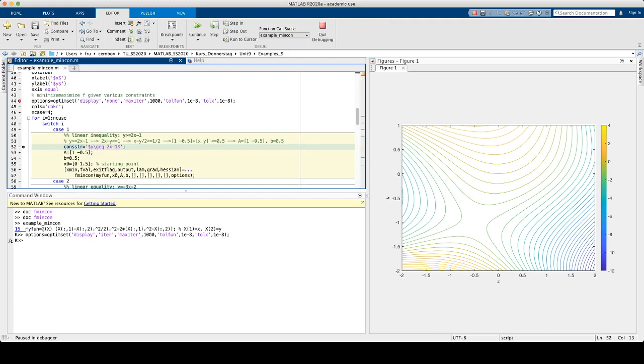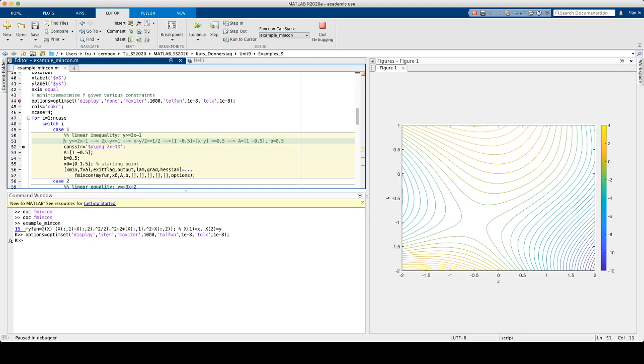So the linear inequality reads y is larger or equal to 2x minus 1. So we have to reformulate this in the following way. Please have a look at line 51. y greater equal 2x minus 1 means 2x minus y is less or equal to 1. If we divide by 2, we get x minus y over 2 is less equal 1/2.